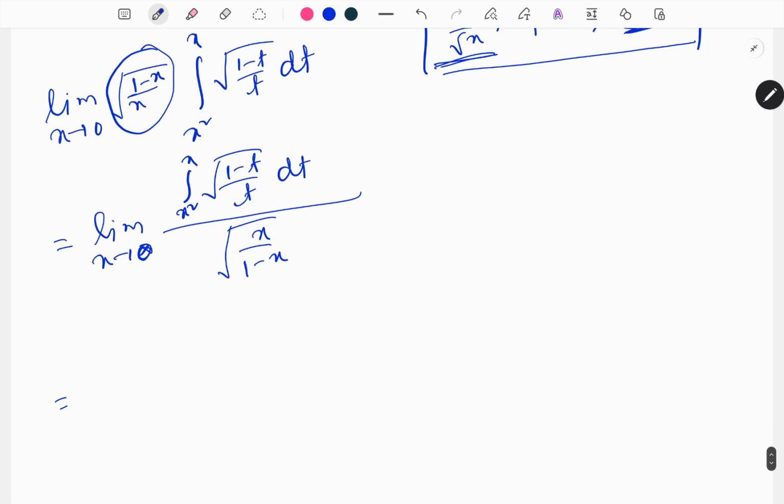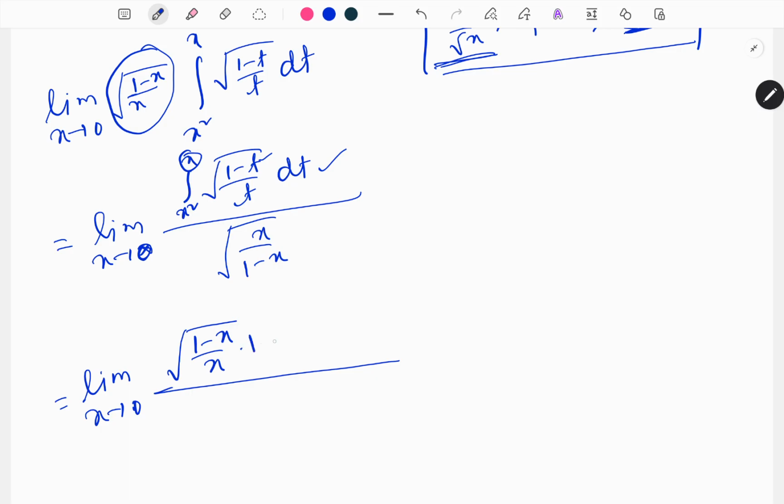Now differentiate this using the Leibniz rule: first put x in place of t and then differentiate. So square root of (1 minus x)/x, and the differentiation of x is 1, minus, put x² in place of t, square root of (1 minus x²)/x², and then the differentiation of x² is 2x.